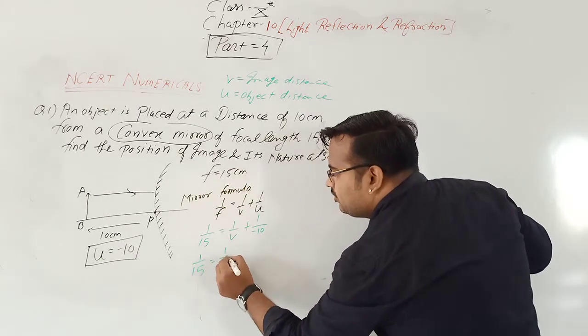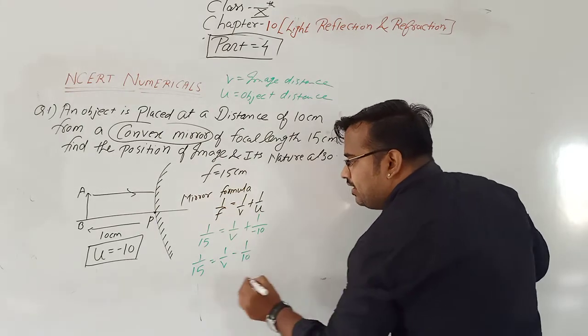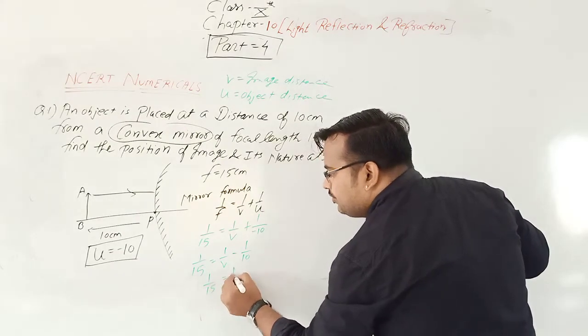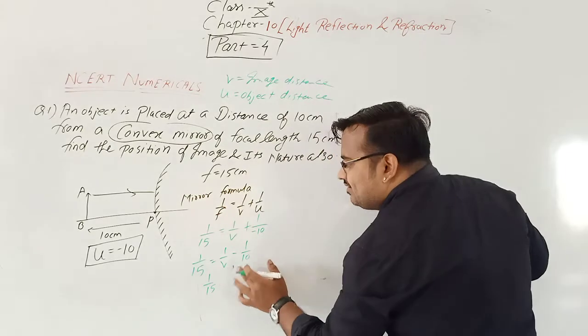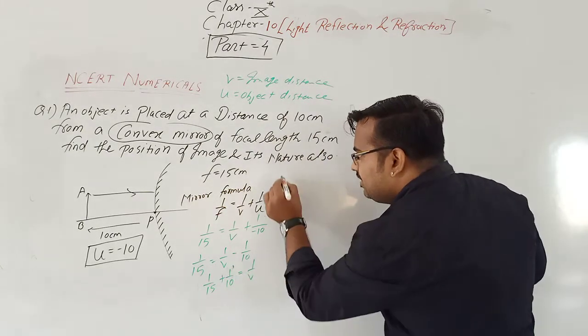1 upon 15 is equal to 1 upon V, plus and minus will be minus. So 1 upon 15 is equal to 1 upon V minus 1 upon 10. This minus 10 will come to the left hand side, so it would be plus 1 upon 10 is equal to 1 upon V. Clear?